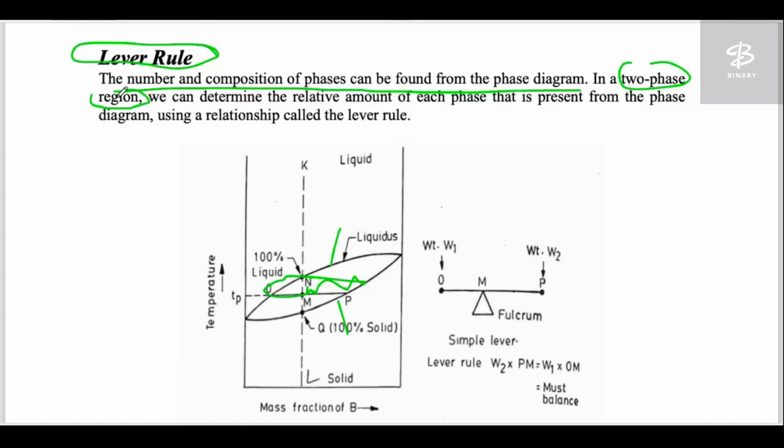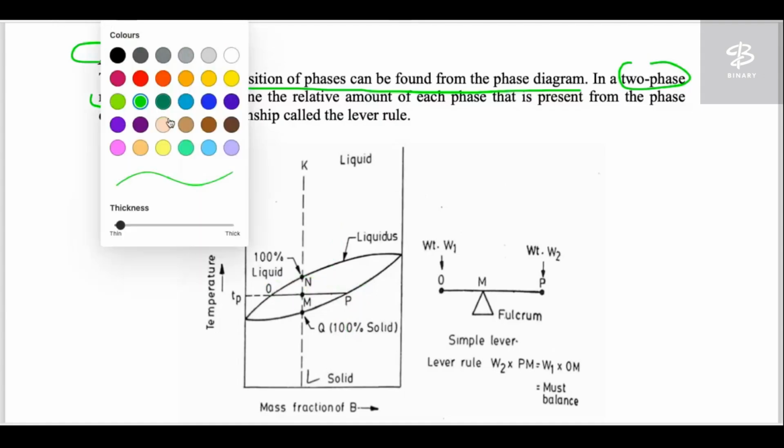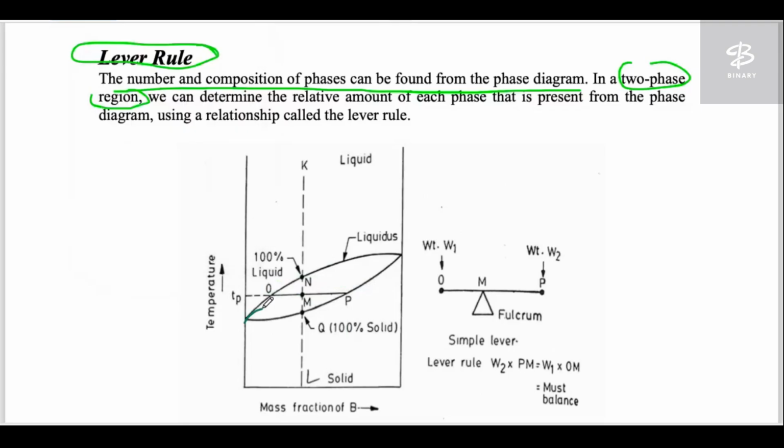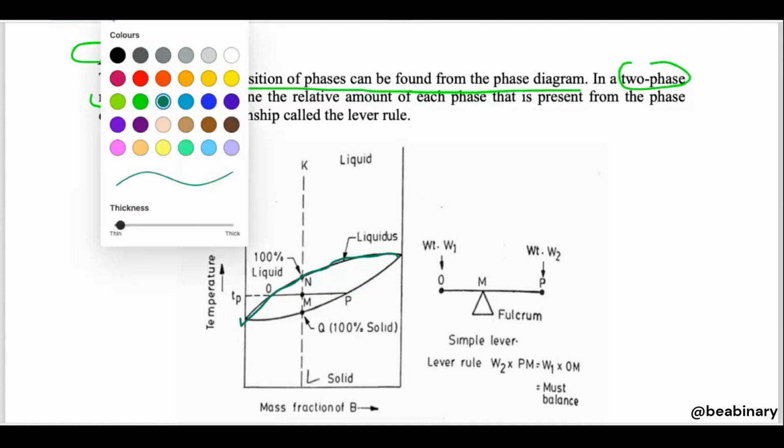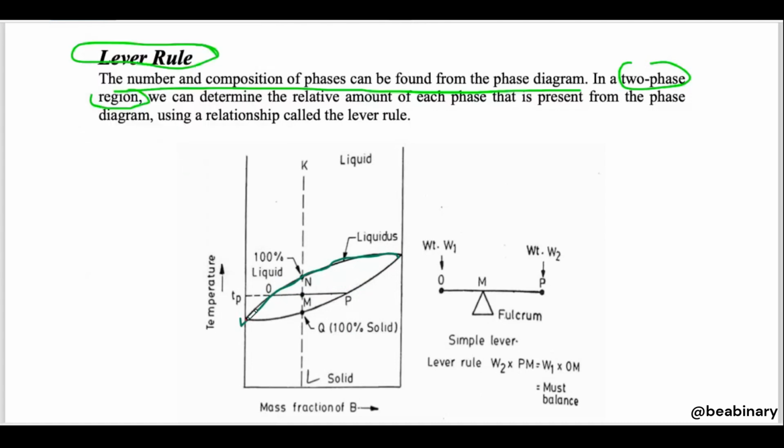This particular line, the green one, is your liquidus line, and the orange one is your solidus line.